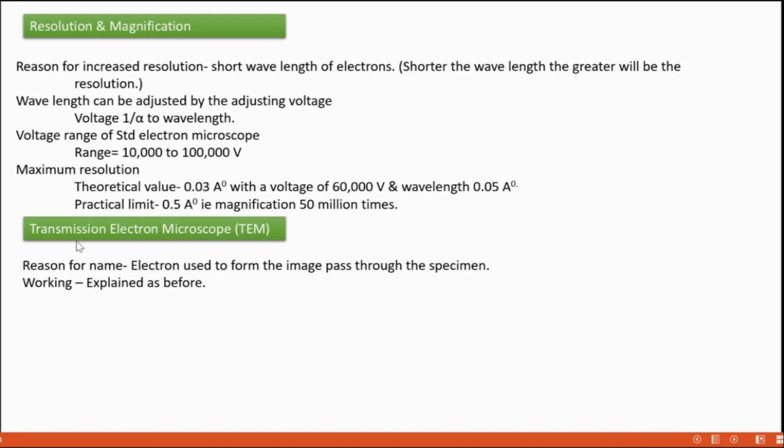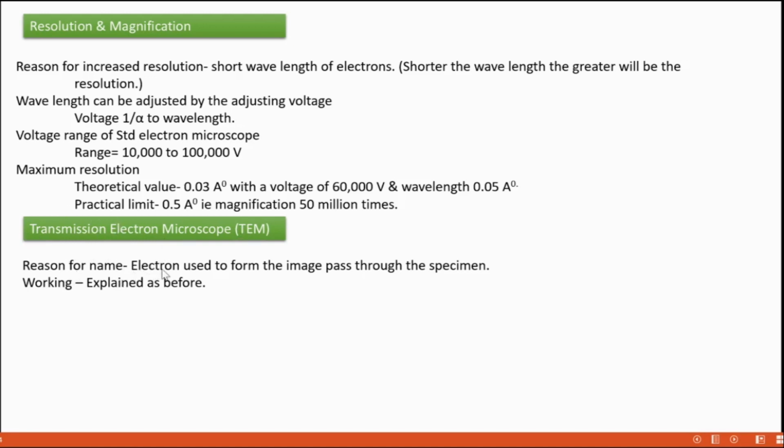Then next we are going to one type of electron microscope, that is the transmission electron microscope, or otherwise called a TEM. First point, why is this electron microscope called a transmission electron microscope? Here's where the reason lies.